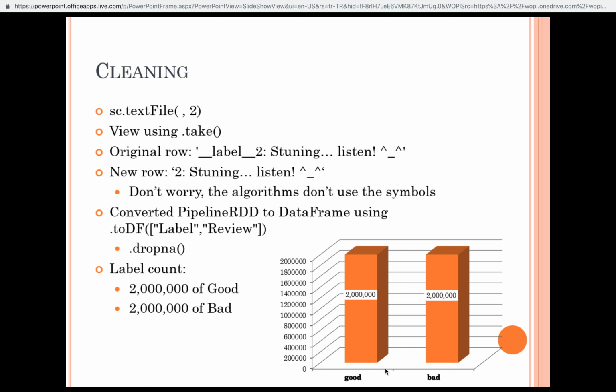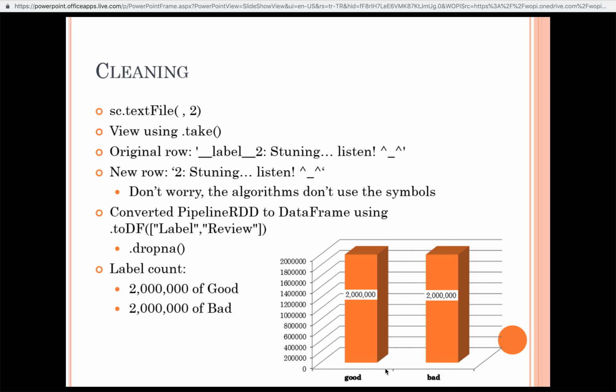Firstly, we imported the files from our local computers and read it as RDD with 2 partitions. Using take, we saw how the rows looked, and each row was a string starting with __label__1 or 2 and then the review text.